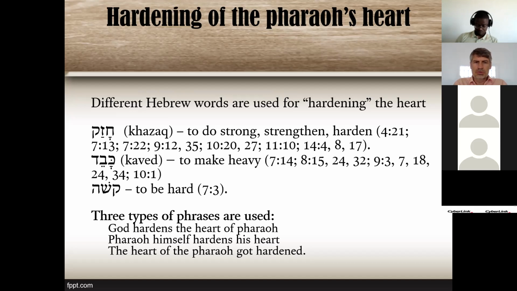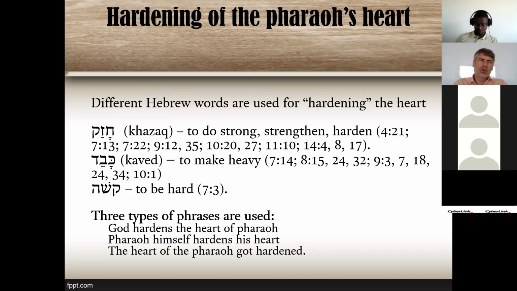Another word which is also used to describe the hardening of the heart of Pharaoh is the word kaved. This word has two meanings. The first meaning is connected to the root glory, and another meaning is connected to the word to be heavy.